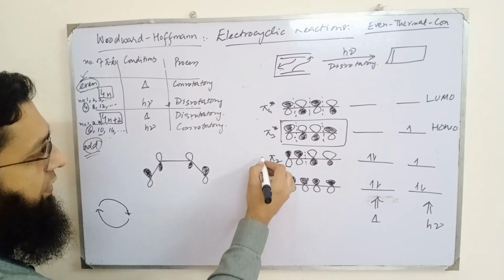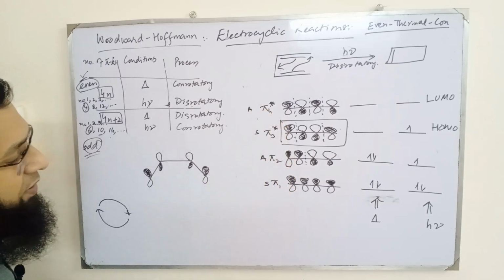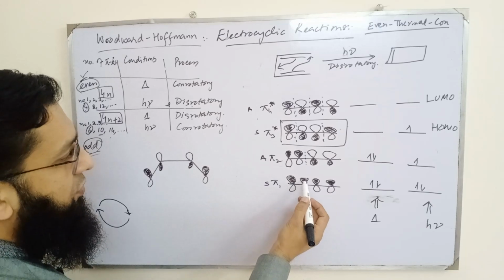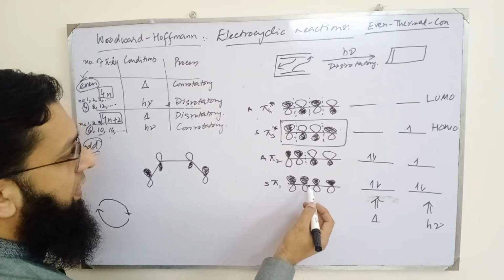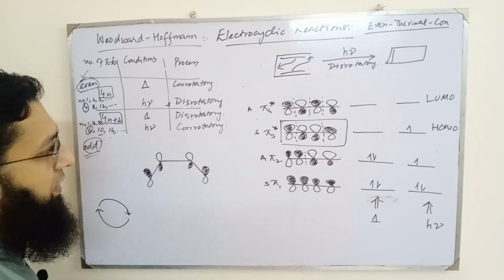This is symmetric, this is antisymmetric, this is symmetric, this is antisymmetric. Symmetric orbitals have the symmetry in the middle as well as on the first and last lobes of the orbital.